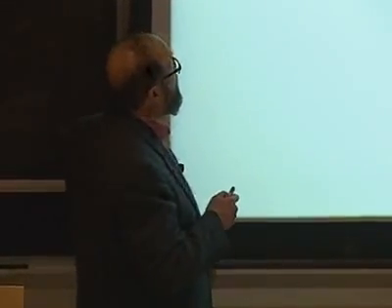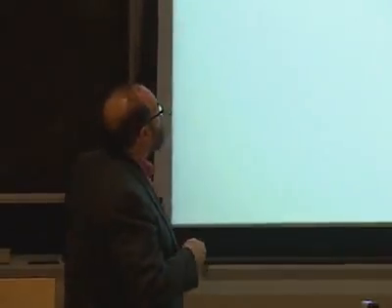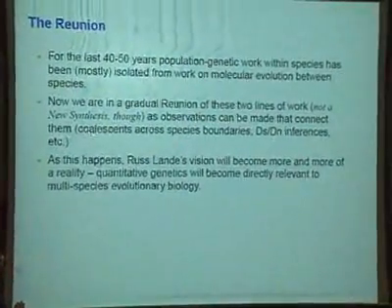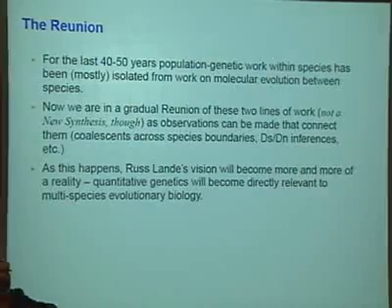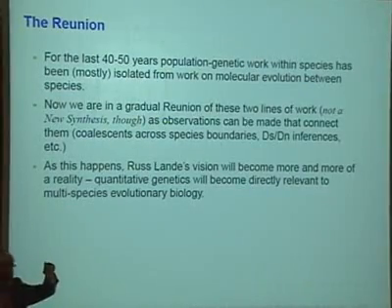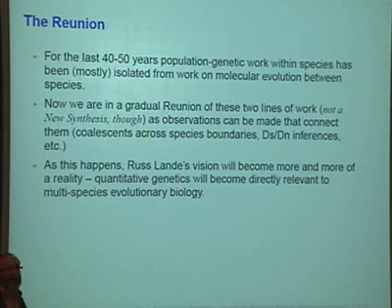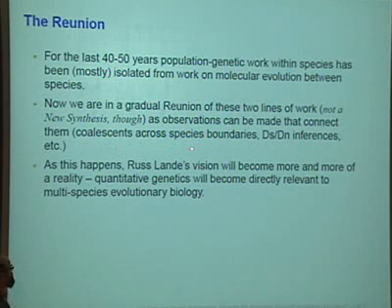Now, there's a new movement of these two lines of work back towards each other. It's not the result of any one person's work, but it's the result of work on things like coalescence, trees of genes, which you can extend across species. You can see gene trees in multiple species and look at things like effective population sizes, inferences about ancestral species.